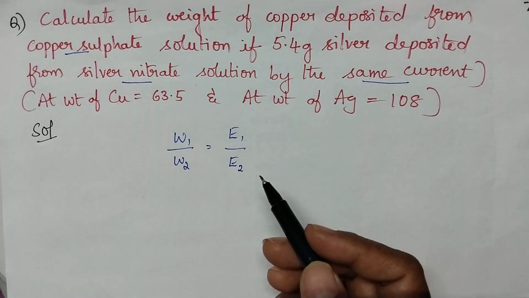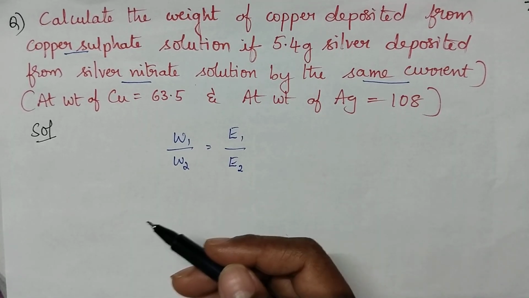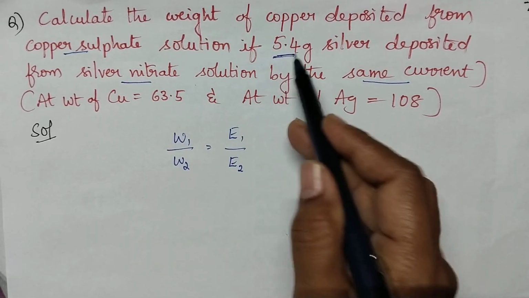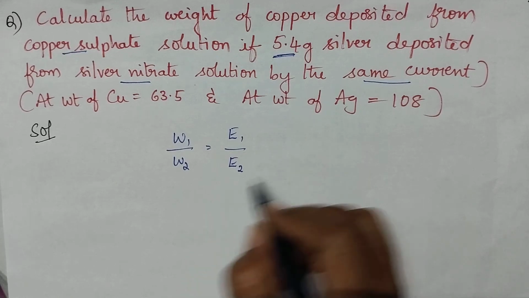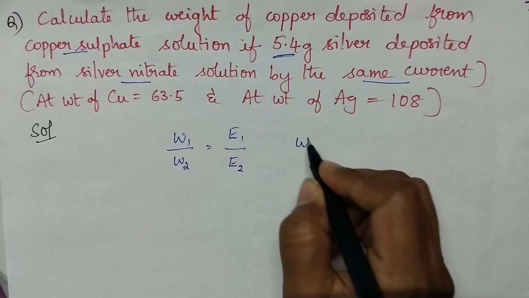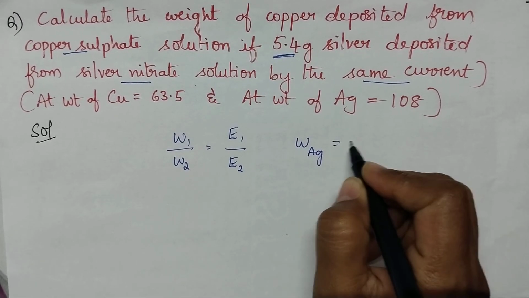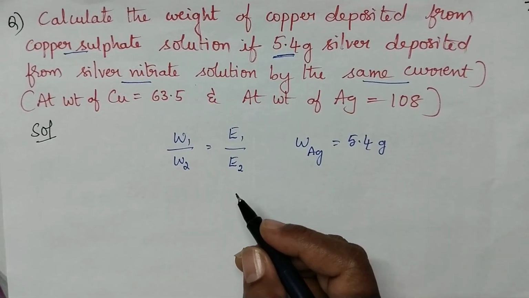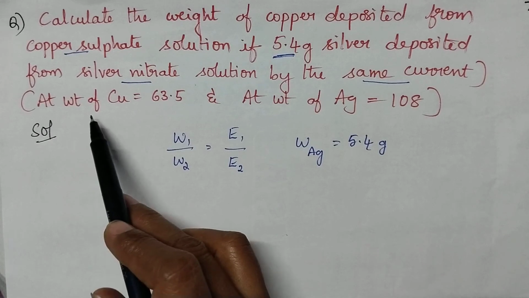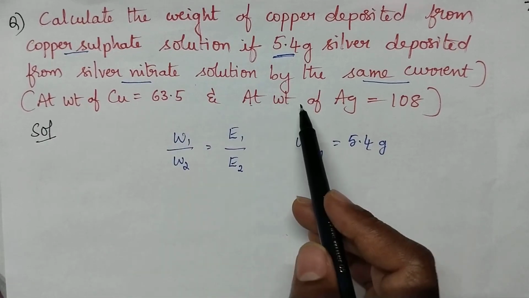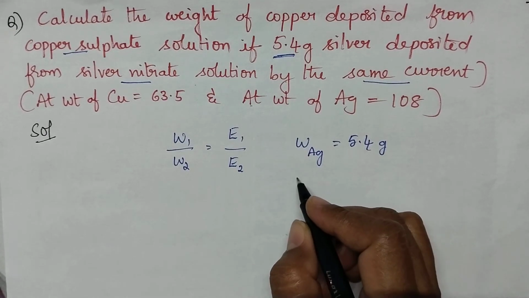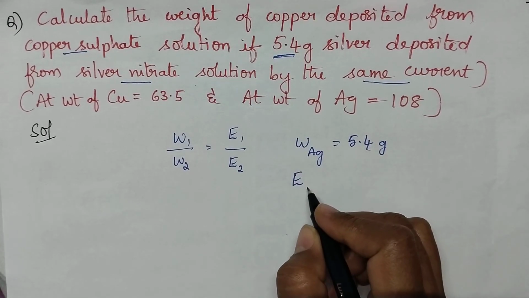So from this problem we can write the terms as, so here what is the weight of the silver deposited? That is weight of the silver deposited is equal to 5.4 grams. And it is also given the atomic weight of copper and the atomic weight of silver. So once we know the atomic weight, it is possible to calculate equivalent weight.